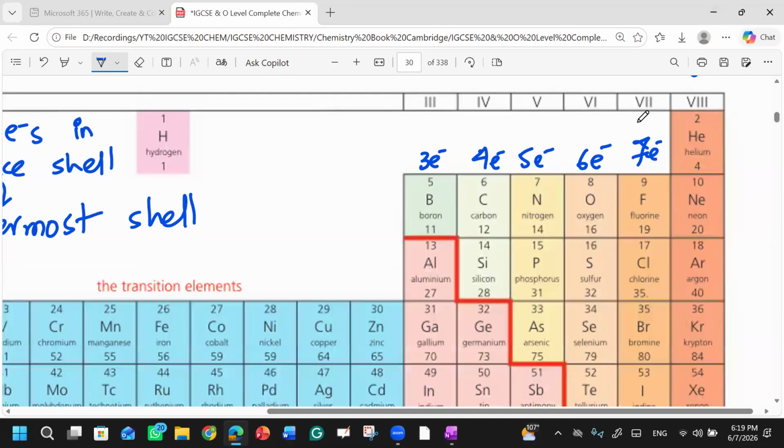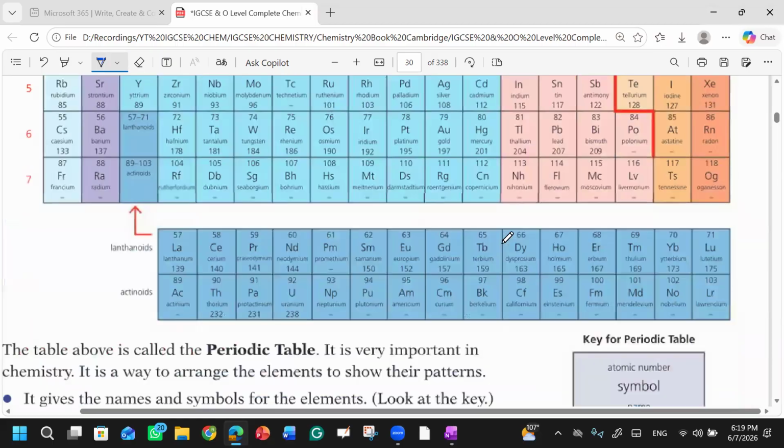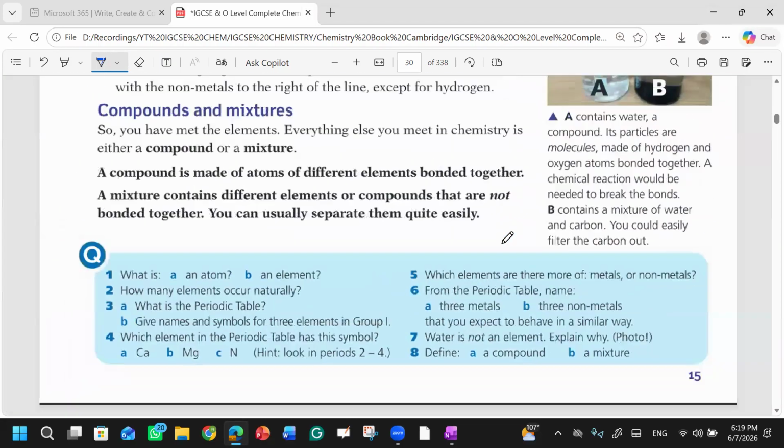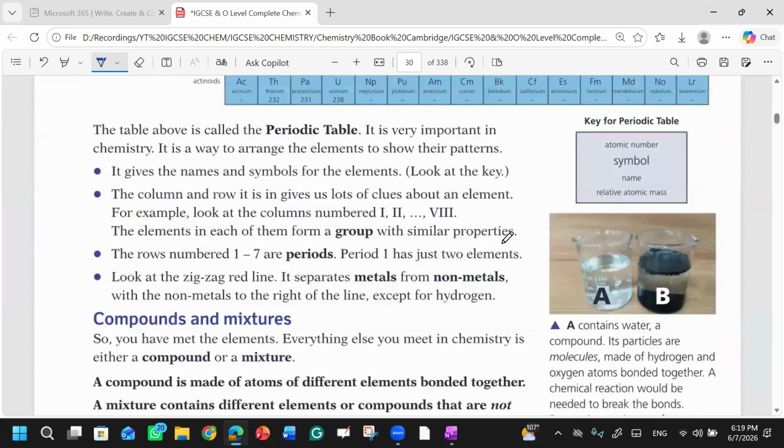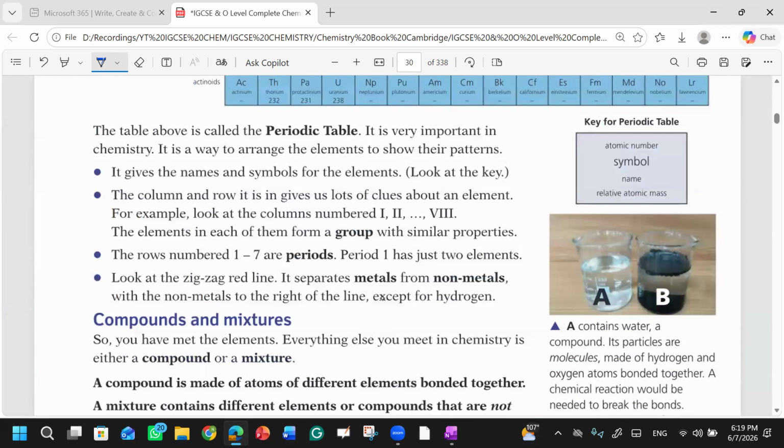Now you are clear with the groups and how groups are formed. Next is about the periods.